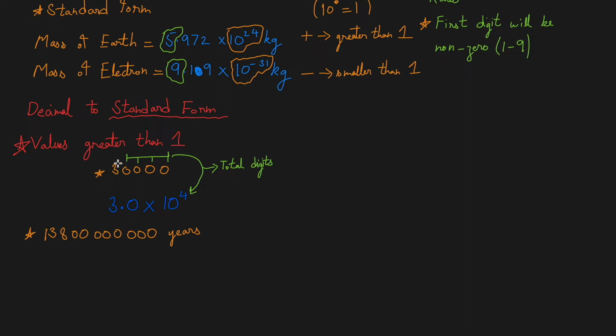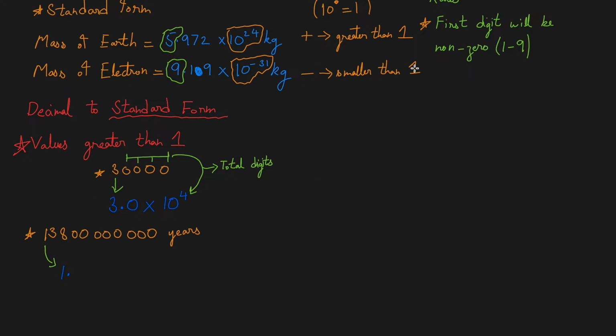For example, let's remind ourselves what we did in the very first example here. We wrote the very first digit as it is, so we will do the same here. We will write 1, and we will introduce a decimal point.